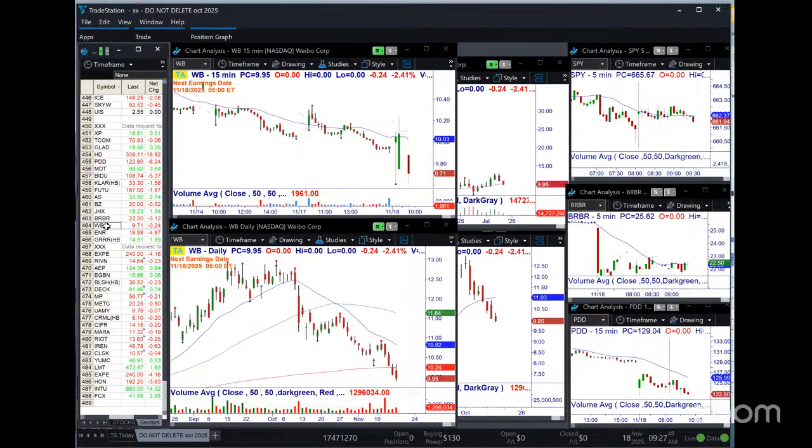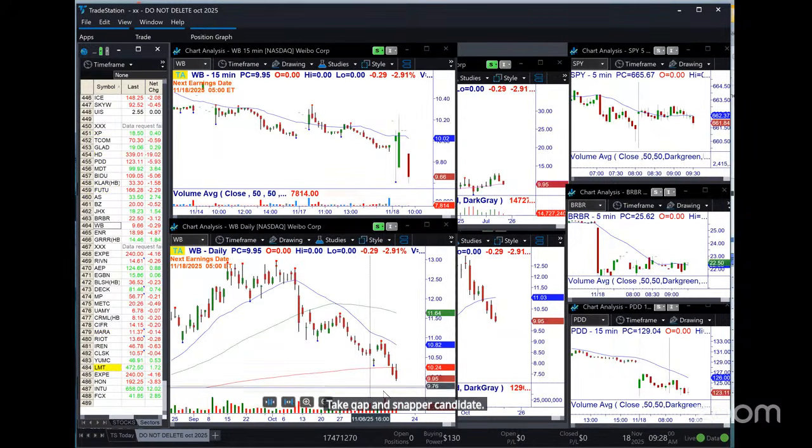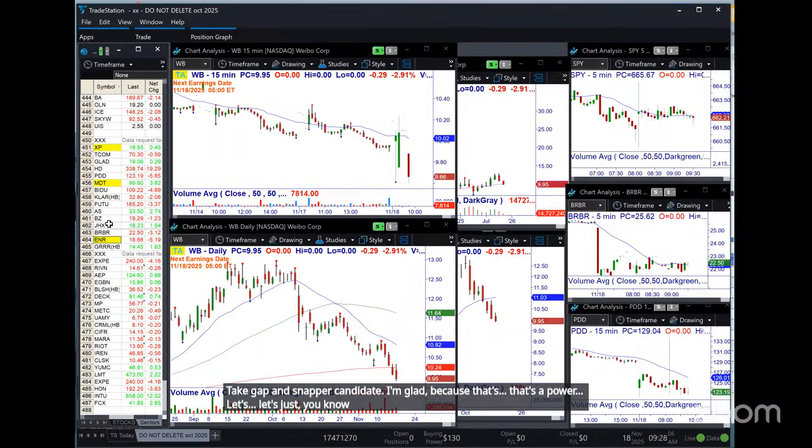Whiskey Bravo. Let's see. Even though it's down 5 bars, this is not a gap and snapper candidate. That's just gap and a bearish move.